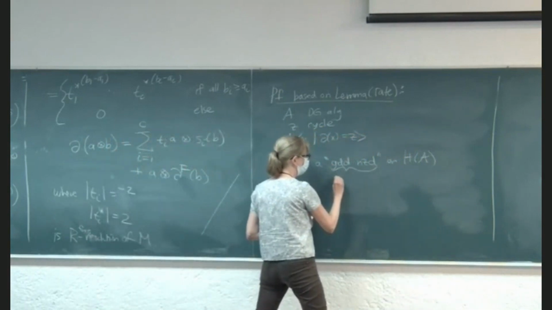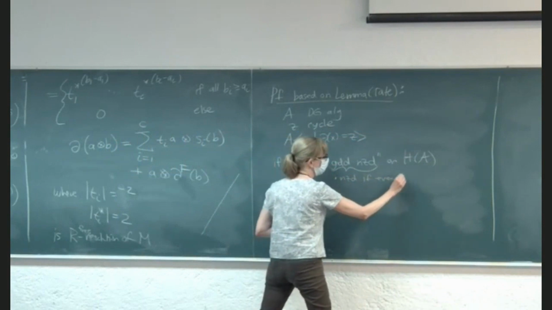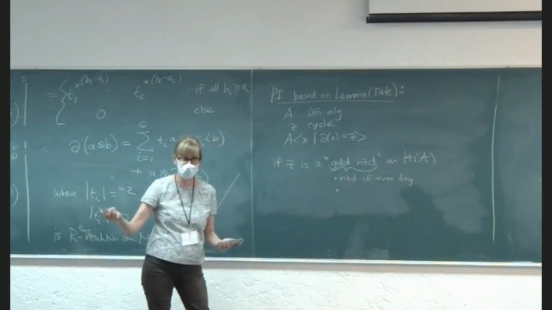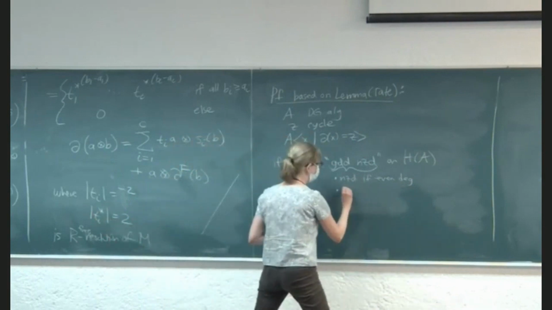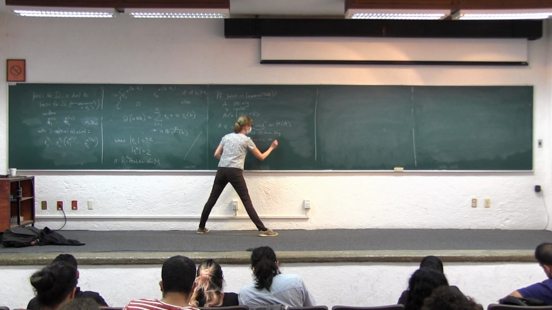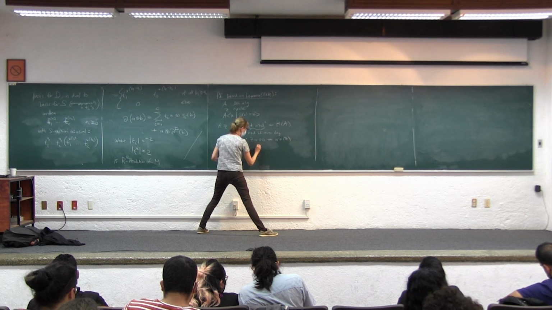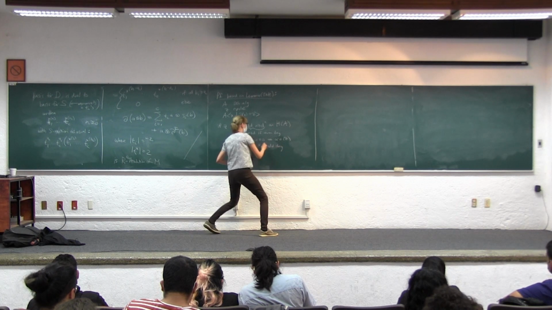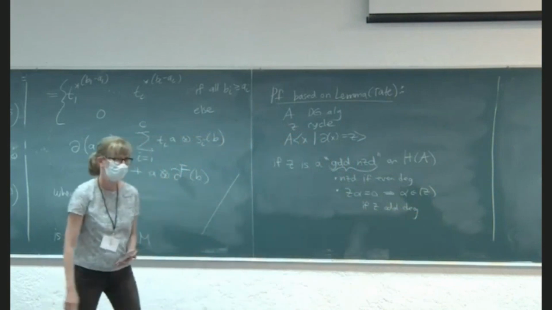It means a non-zero divisor if it's even degree, and it's allowed to kill itself if it's odd degree, because in odd degree everything squares to 0. So essentially it says that if Z alpha is 0, that implies that alpha was already a multiple of Z, and this is if Z has odd degree. So in odd degree, Z is allowed to kill Z in any multiple of Z, but nothing else.